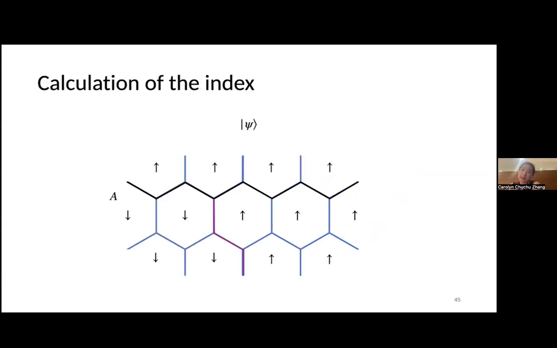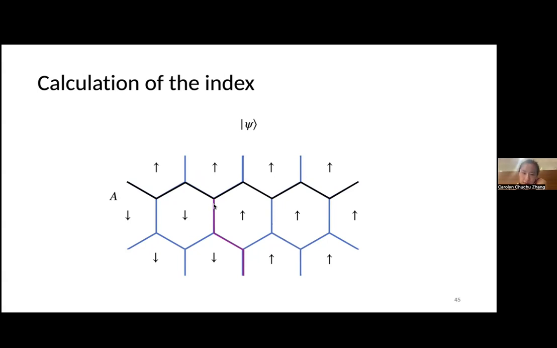And now we can also calculate the index. So to calculate the index, let's consider any domain wall configuration. So this is our initial state psi, and we're going to consider a restriction of the unitary, so it acts trivially on the spins above this black line here. So the symmetry is restricted to this region A, which is below this black line.